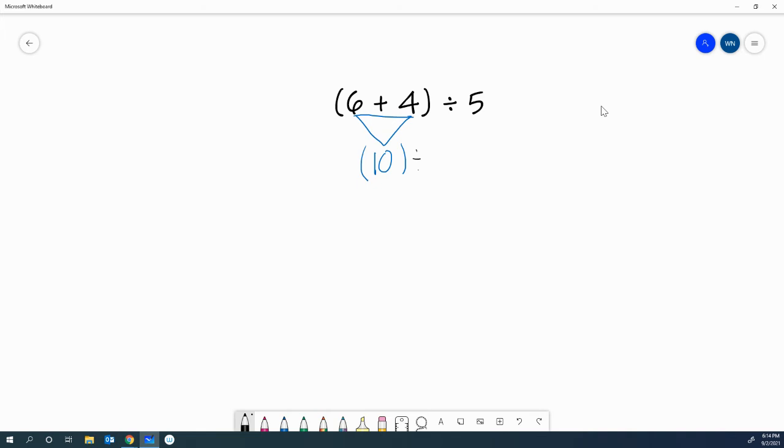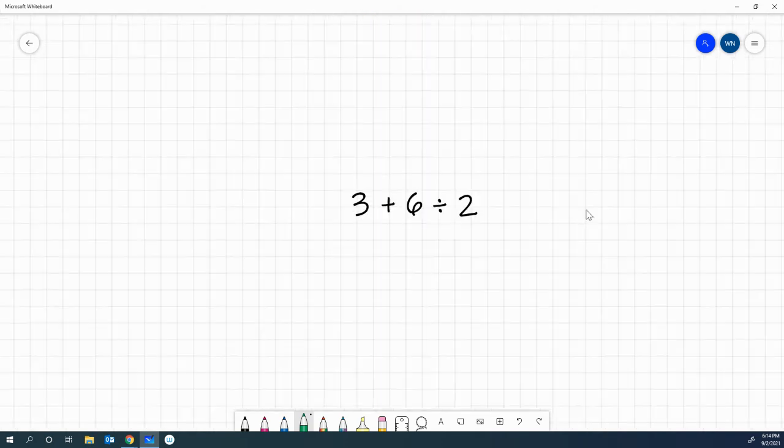Let's bring down the divided by 5. Now there's only a division problem. 10 divided by 5 is 2. These have been some pretty simple one-step or two-step problems.